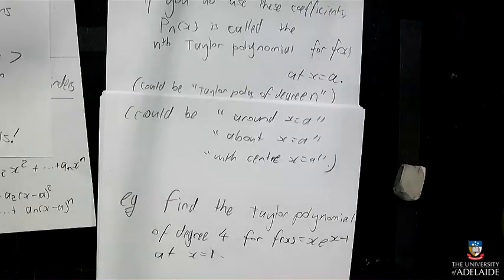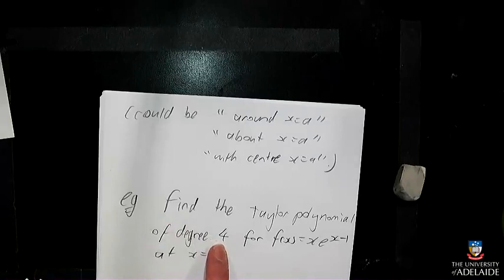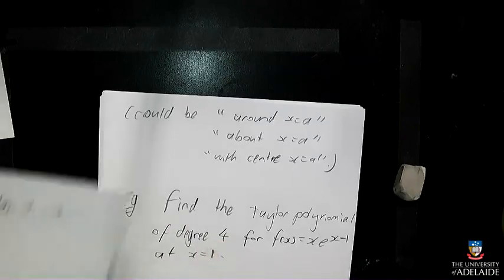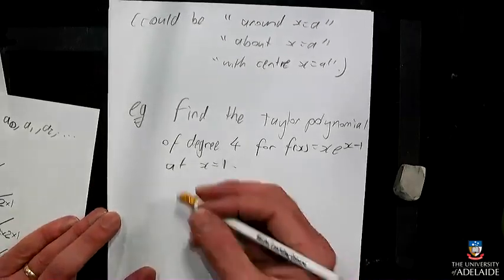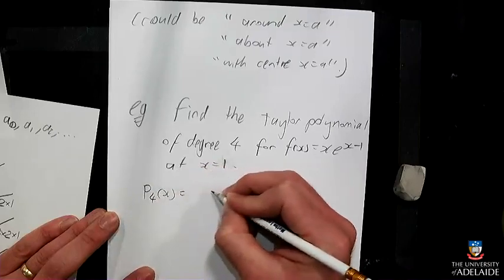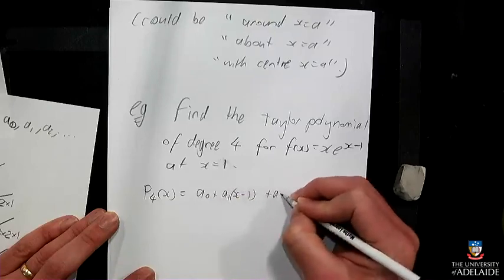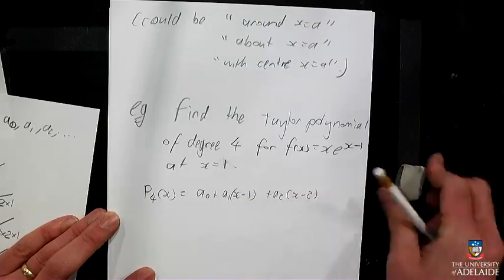All right. So, according to the rules, I'll be making a polynomial that has something plus something x plus something x squared plus something x cubed plus something to the power of 4. And it won't be x, it'll be x minus 1 because the center is 1. So it'll be something like that.